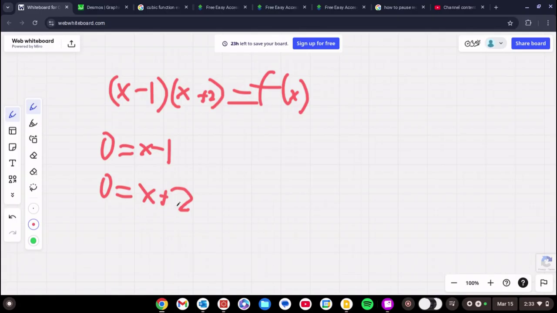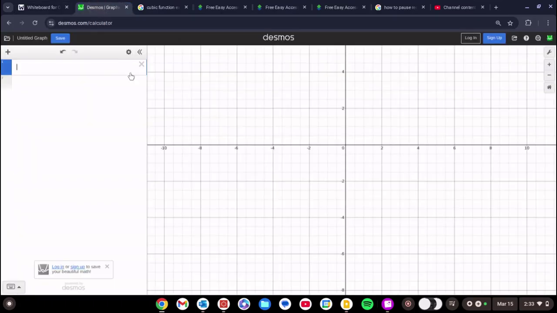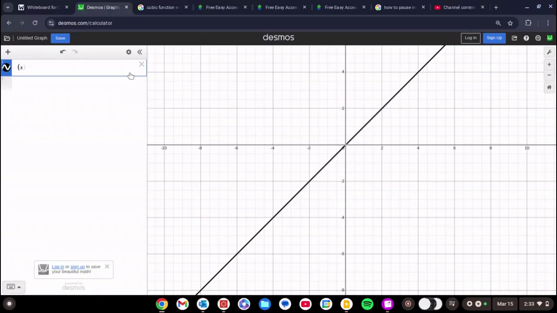And then you just take them on both sides of the equation. So here it would be 1 equals x, and then on this side it would be minus 2 equals x.